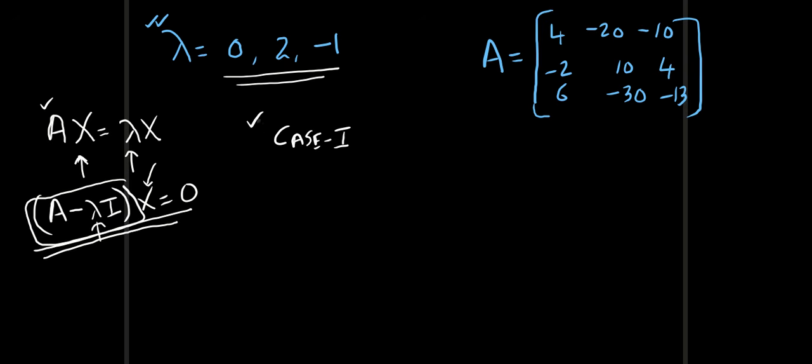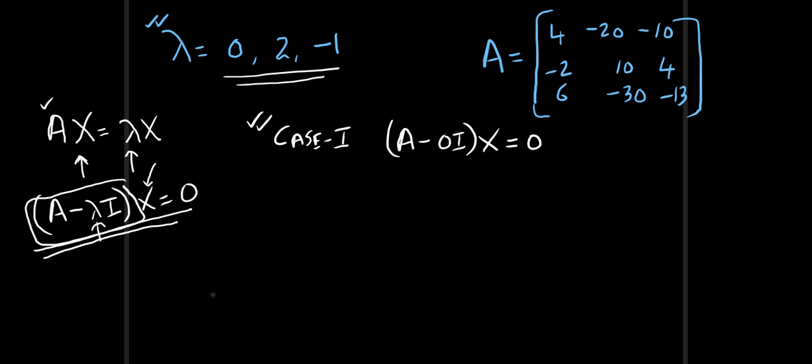So in case 1, we put lambda equal to 0. So the characteristic equation becomes (A minus 0I) into X is equal to 0. So A minus 0I means the diagonals will remain the same.